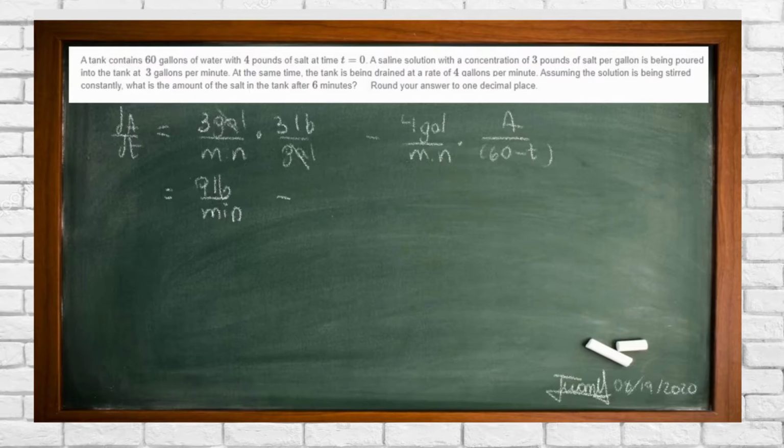So it's going to be 4 times our amount of salt in the tank at any given time, A, divided by 60 minus t. So this is going to be our differential equation.